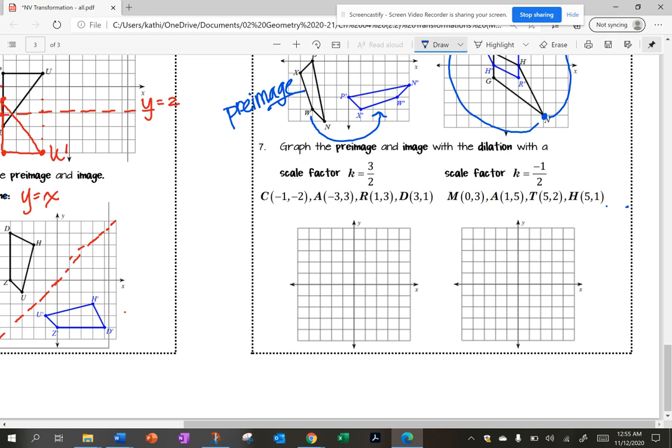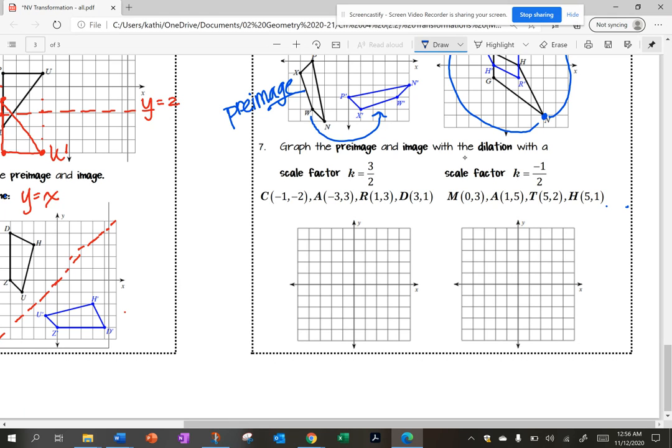Okay, next we are going to graph the pre-image and the image with the dilation of a scale factor of 3/2 and negative 1/2. So first we're going to plot the pre-image.